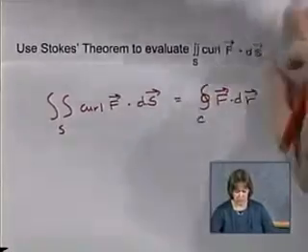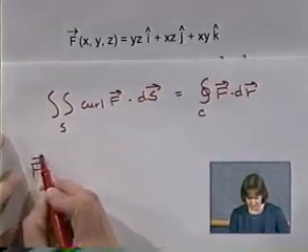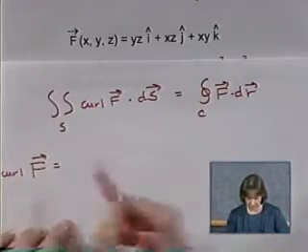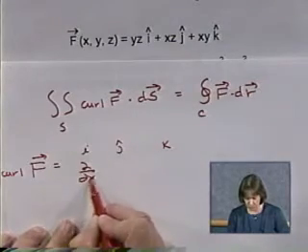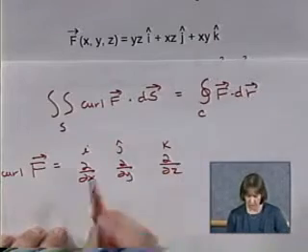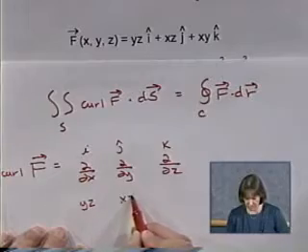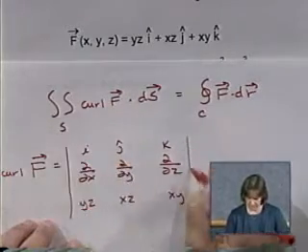Well, if this is F, to get the curl of F, I take the determinant with i, j, k, partial with respect to x, partial with respect to y, partial with respect to z, and the components yz, xz, xy.